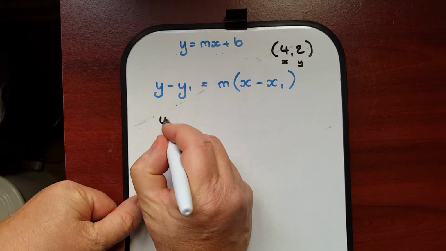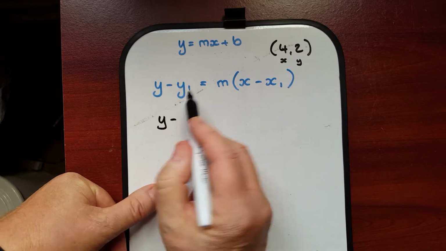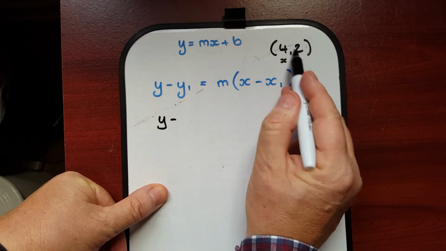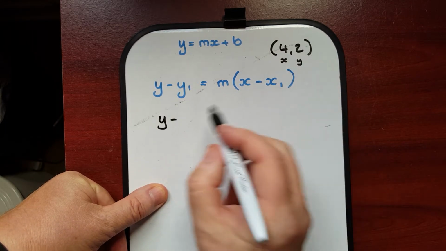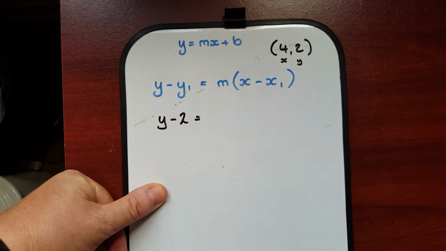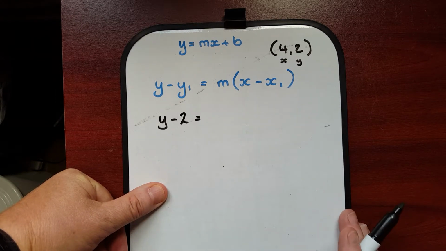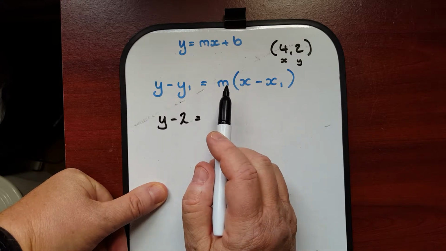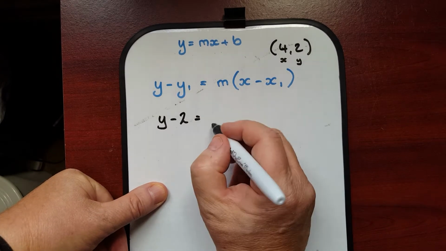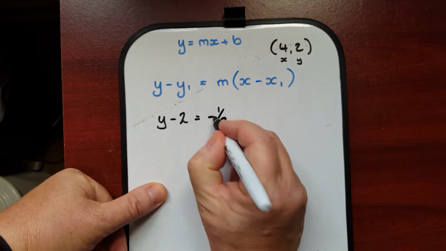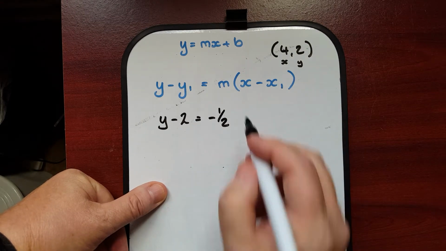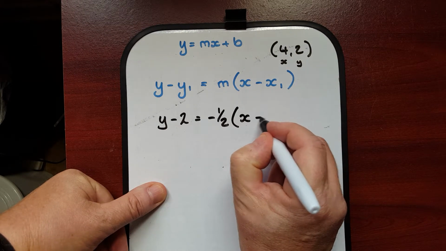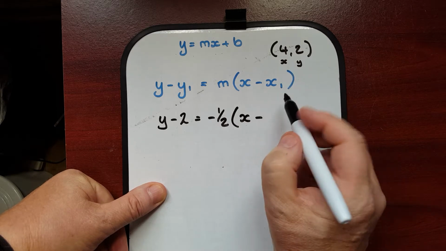The formula is y minus y sub 1, and y sub 1 is 2 here, the new substitute for y. So y minus 2 equals, now m, when we did parallel lines, the m value was the same as the line we were working with. Now it's the negative reciprocal, so it's minus a half, of x minus the new x, which is 4.